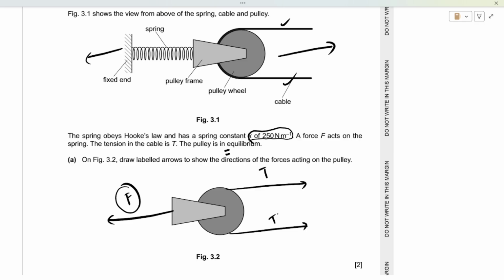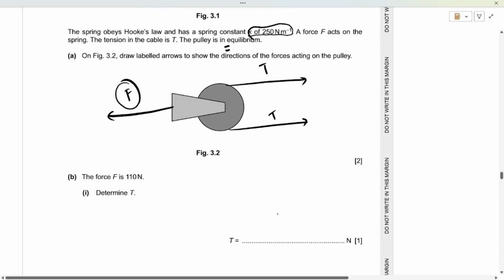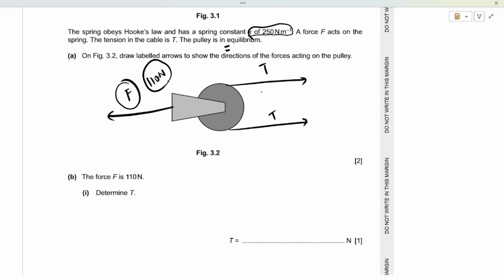From the given statement, they are in equilibrium, and the force F is 110 Newton. Here the force is 110 Newton, and the tension force we need to find. So the force on the left hand side will be equal to the force on the right hand side.